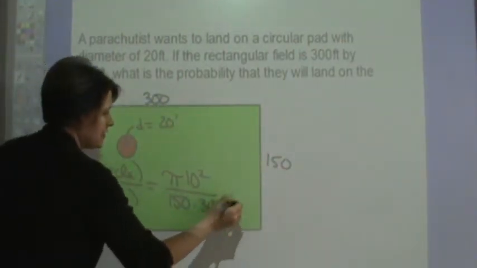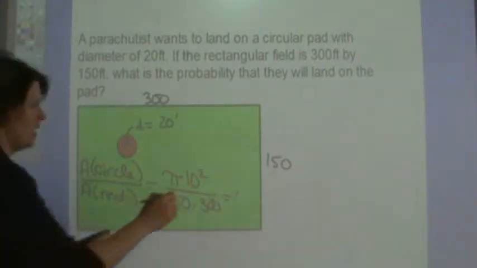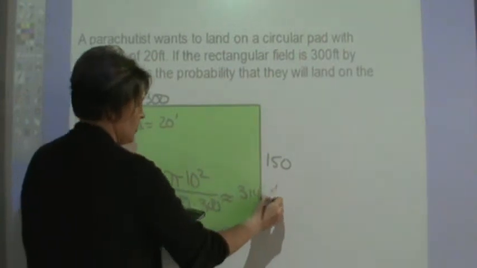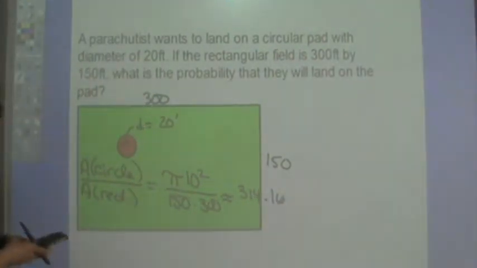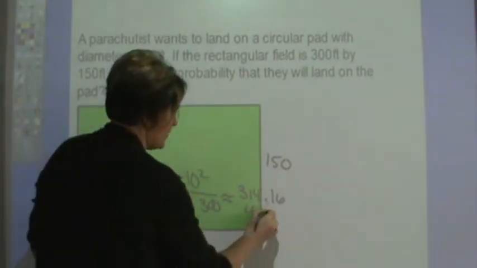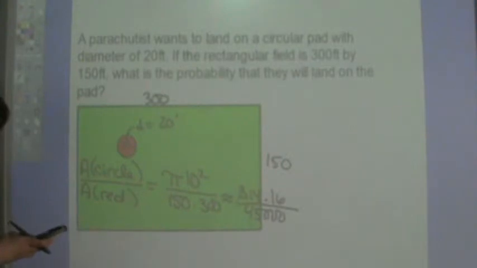And obviously this one is not going to reduce, so we'll just give an approximation. So pi times 10 squared is about 314.16. And 150 times 300 is 45,000. So let's divide those two numbers.